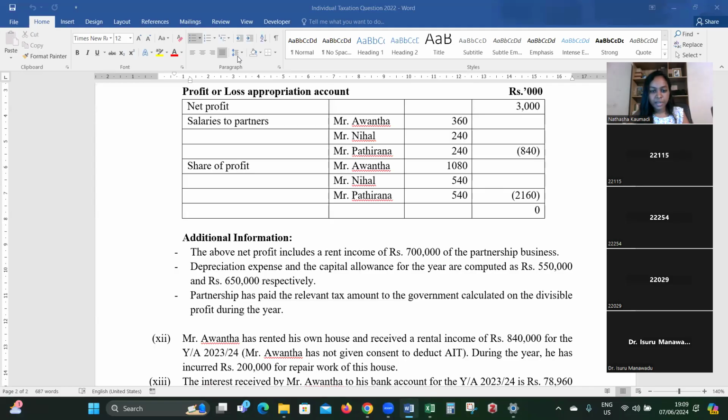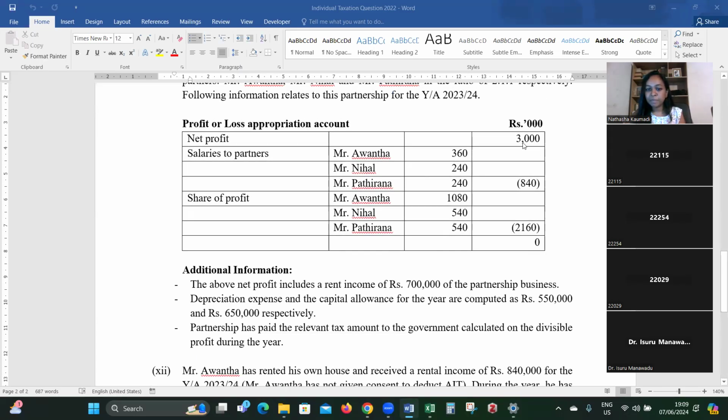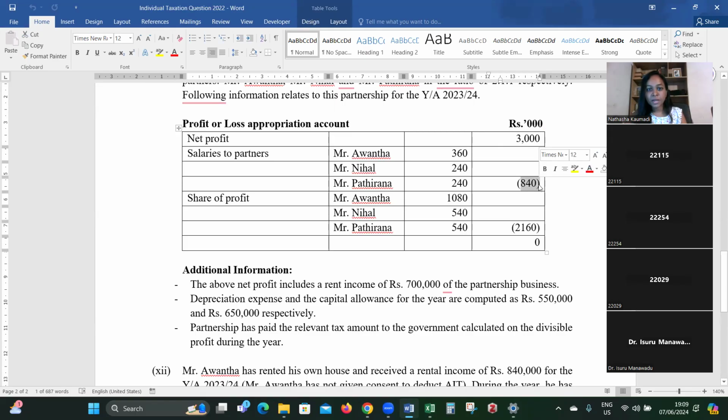Okay, we have a question. How did you conclude that net profit is calculated without partners' salaries? As you can see in this table, net profit 3 million is given, 3,000 here. From 3,000, you have deducted 840, that is the total of partners' salaries, as per this table. And then what is the balance? When you deduct 840 from 3,000, balance is 2,160. That was the share of the profit.